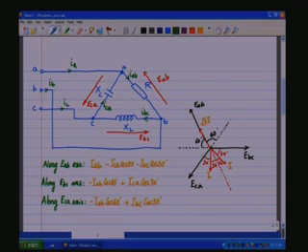So, that will get exactly cancelled out and you have just only the current in this direction.